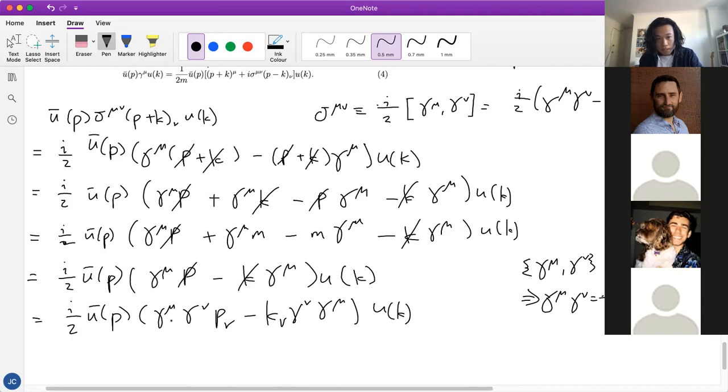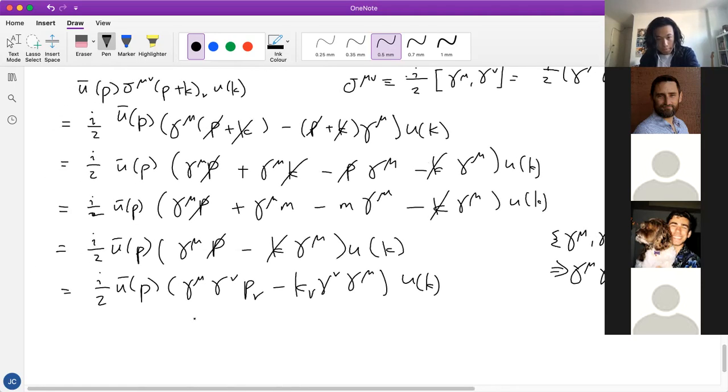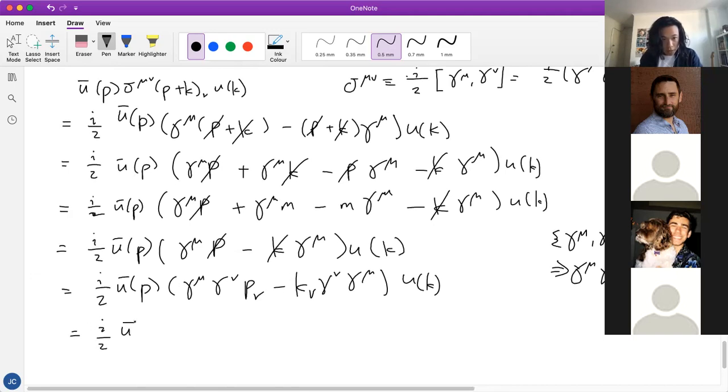So I'm going to sub out this for this. Is that what I did? Yes. Okay. So then that gives me i on 2 U bar of P, and then the first one is going to give me minus gamma nu gamma mu P nu, and then plus 2 eta mu nu P nu.